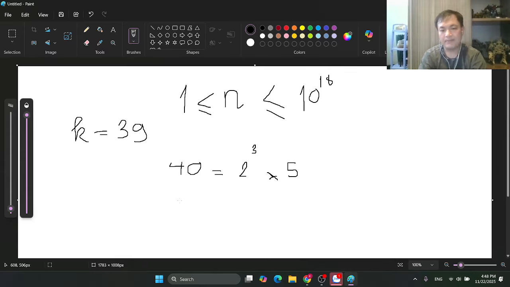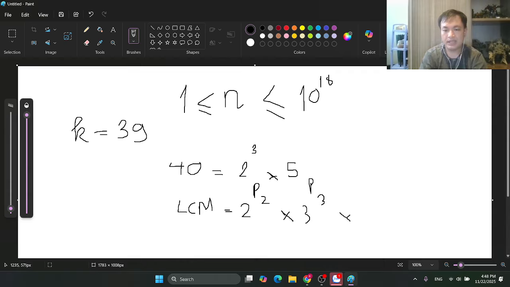So if the LCM is equal to 2 to the power of P2 multiplied by 3 to the power of P3 multiplied by 5 to the power of P5 and so on.